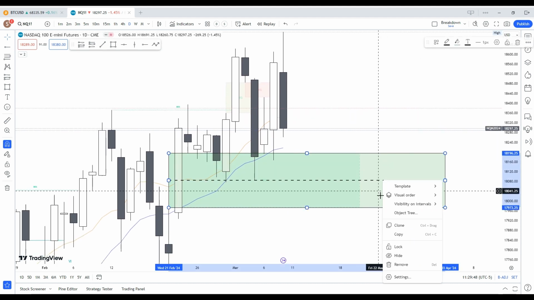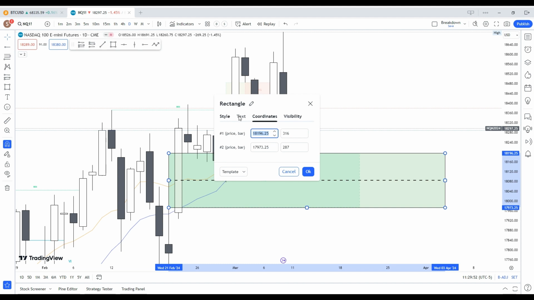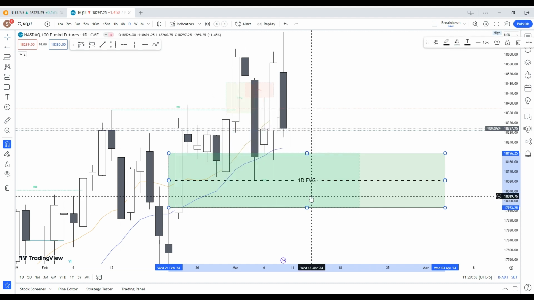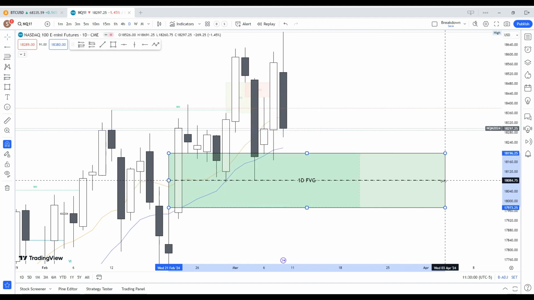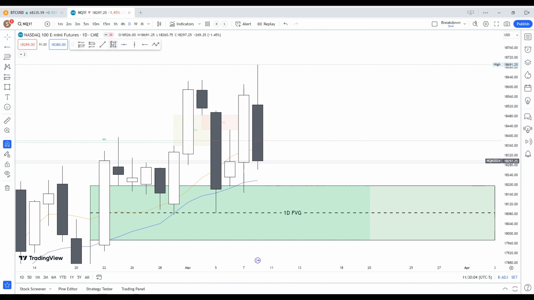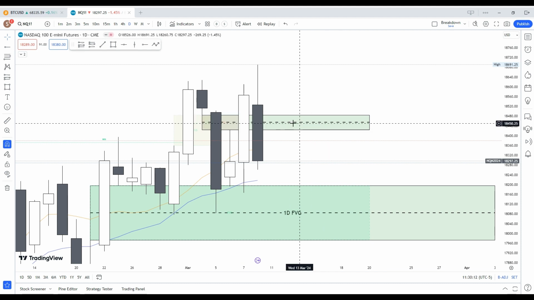So we got fair value gap, right? Okay, and then this one has been inversed again.